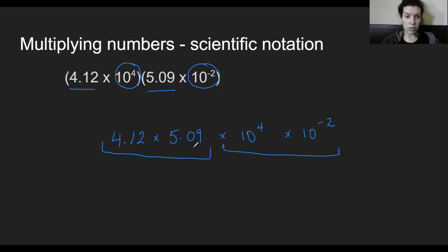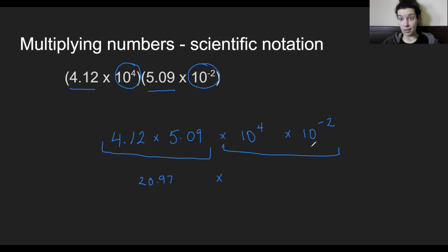Okay, so 4.12 times 5.09, that's 20.9708. I'm gonna round that to 20.97. That's close enough. So that's that number there, times. Now let me combine my bases.